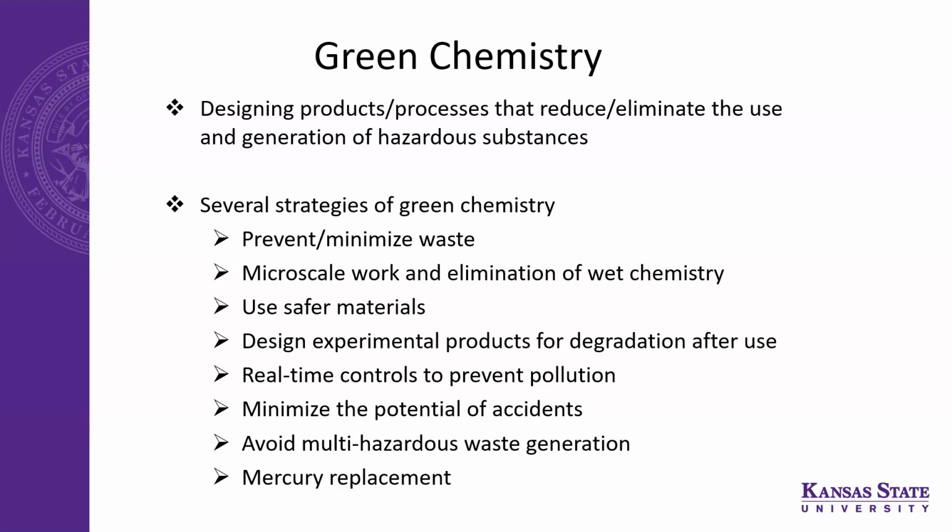Prevent or minimize the waste, and use micro-scale work and eliminate wet chemistry where possible. Say you are starting a reaction which involves hazardous chemicals. Now there are computer simulations, if possible. For example, our department has 2 computational chemists.